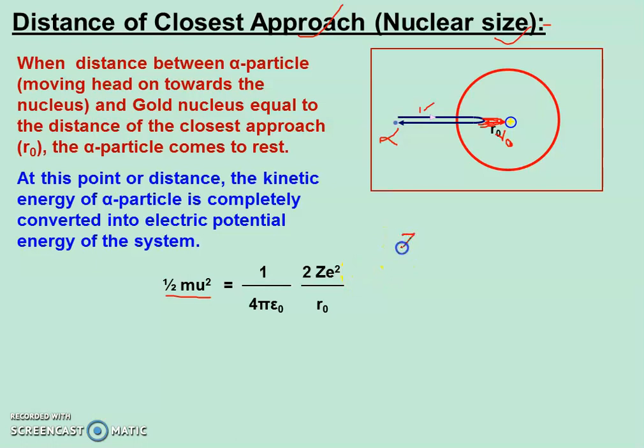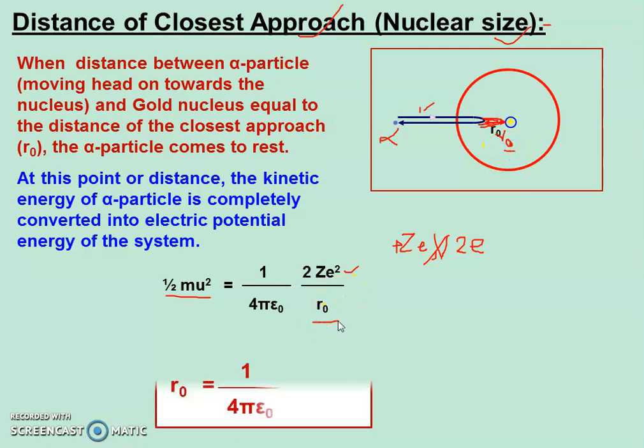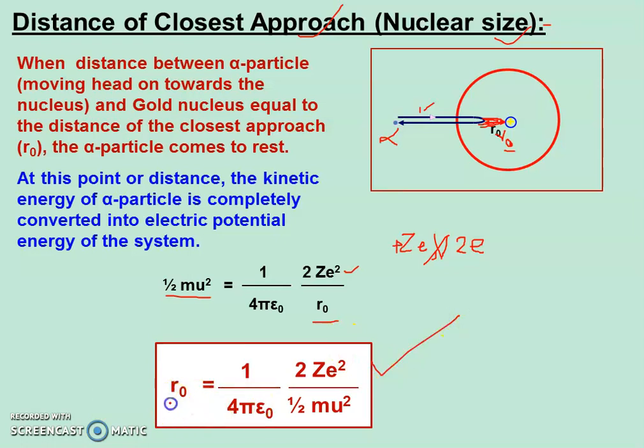Now q1 is Ze, the charge of the nucleus of gold, and q2 is the charge of the alpha particle, 2e. When we multiply, we get 2Ze square. And the distance between the alpha particle and the nucleus is r0, the closest approach. Then we get the value of r0 from this. And the closest approach is nothing but the radius of the nucleus.